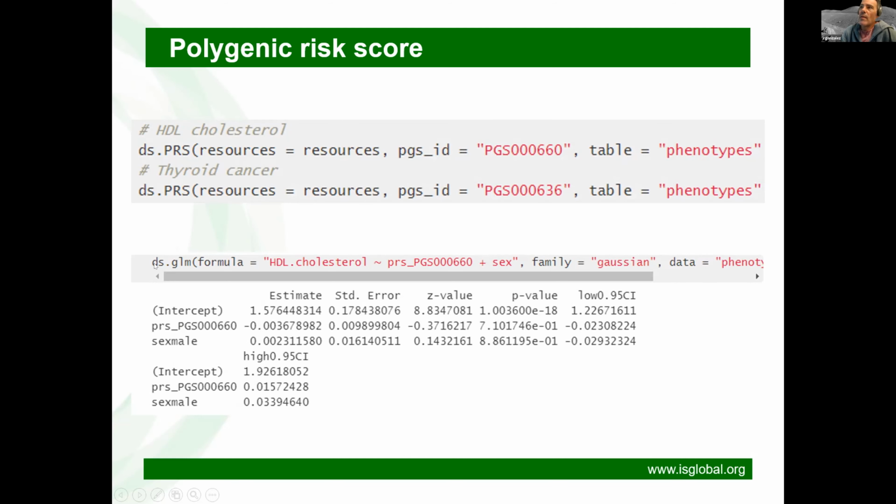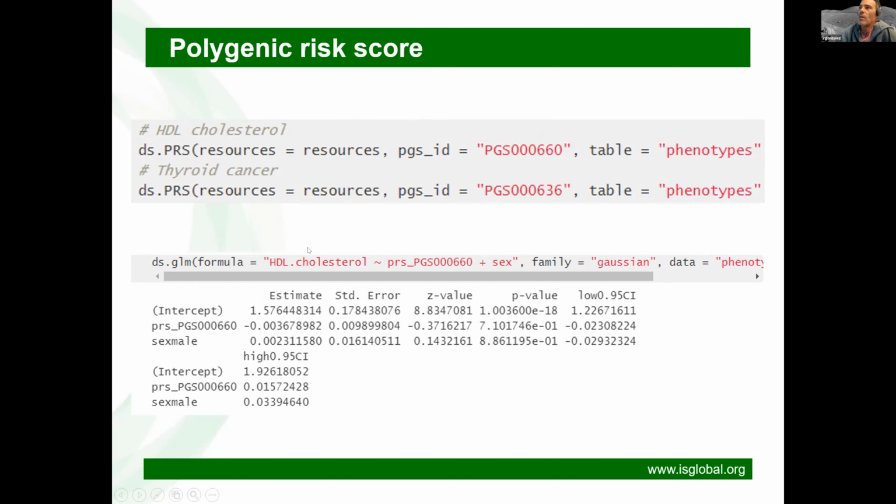So then when you run dsGLM to your phenotype, your covariate, and so on, it will be a new variable, which is called PRS. And we add here the name of the polygenic risk score you are interested in. And then you can run a simple GLM, because this variable will be available thanks to this new function.